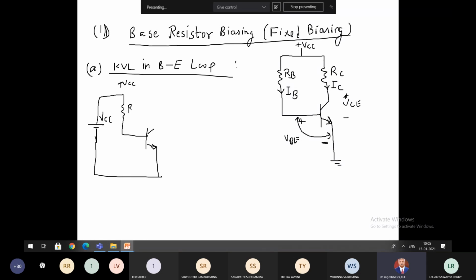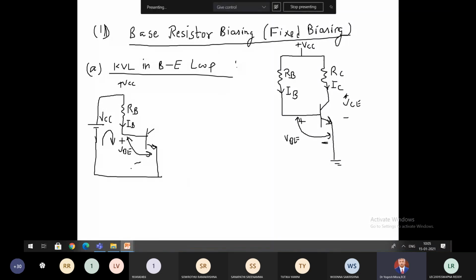Right? This is RB. This is IB. And here you have voltage drop, VBE. This side positive and this side negative. So you apply KVL here.